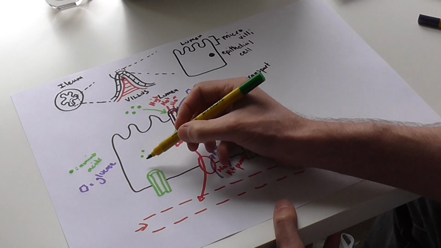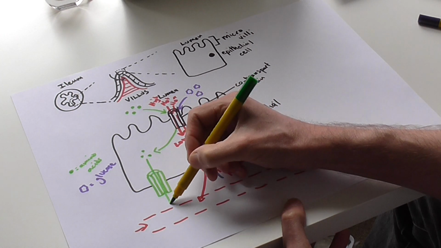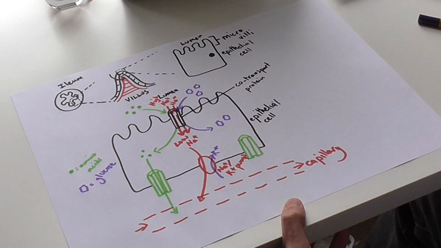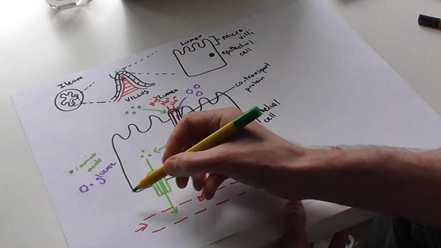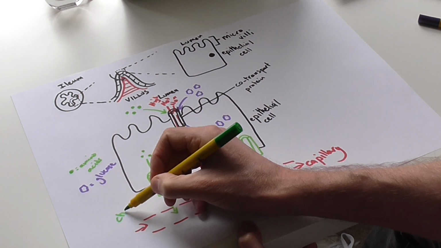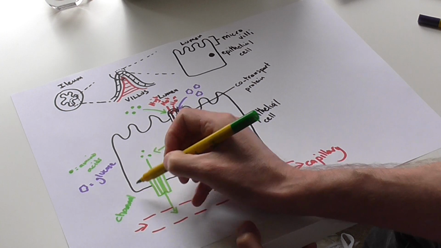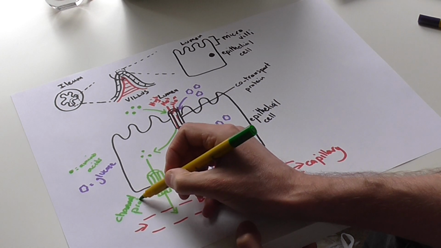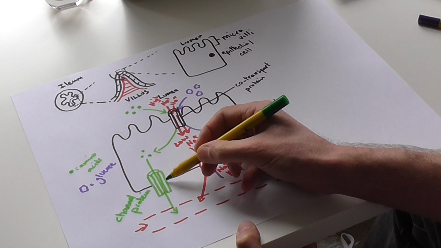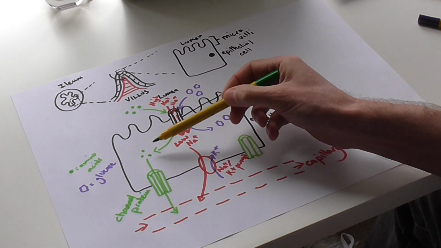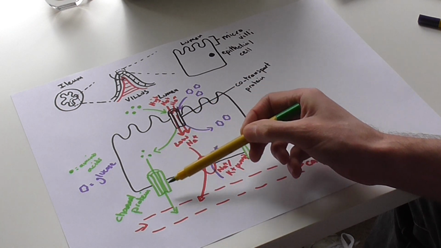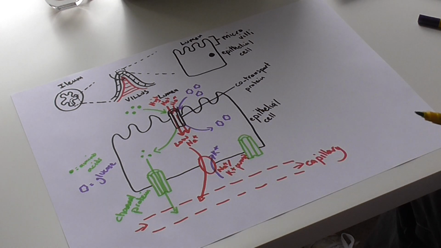And so amino acids can just move down a concentration gradient through channel proteins. These are just channel proteins. The amino acids move down their concentration gradient by facilitated diffusion. The amino acids have been absorbed into the blood.